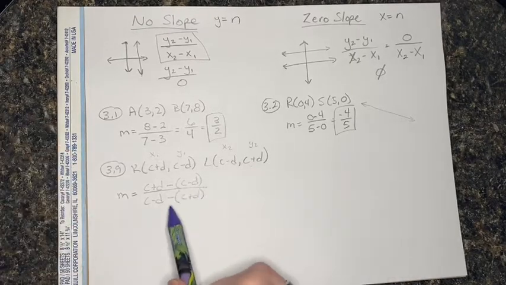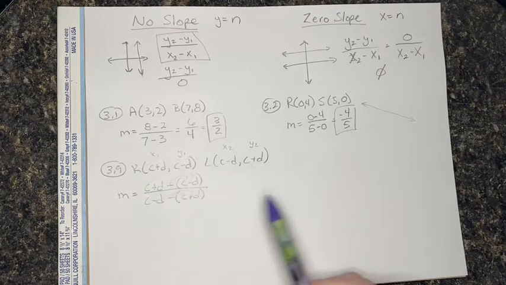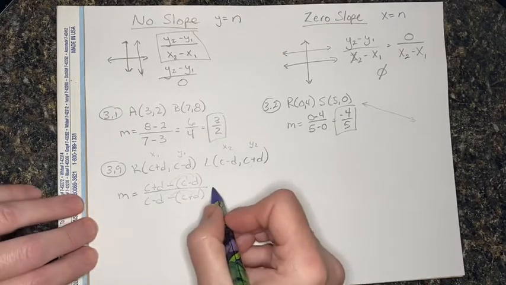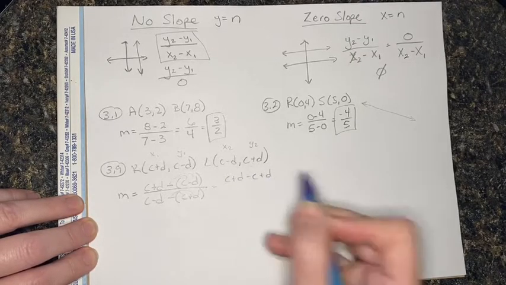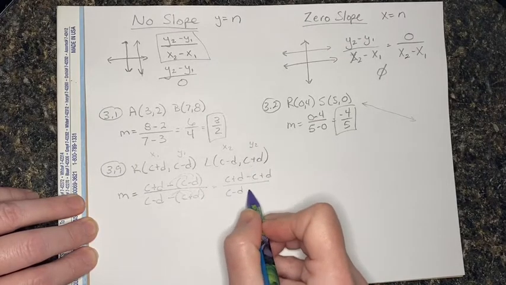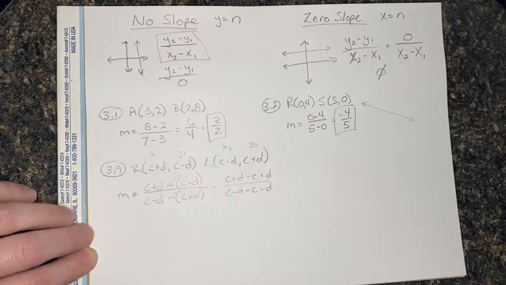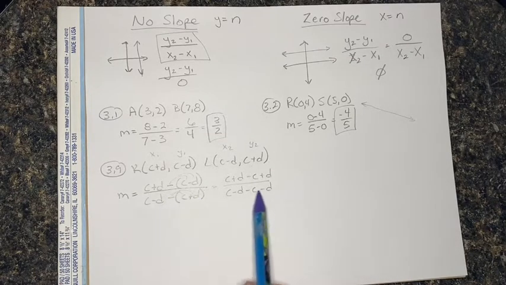Now, remember, when we have a setup like this, we've got to distribute our negative sign throughout. So now this becomes C plus D minus C plus D, right? All over C minus D minus C minus D. Got negative C here, negative D. We got that.